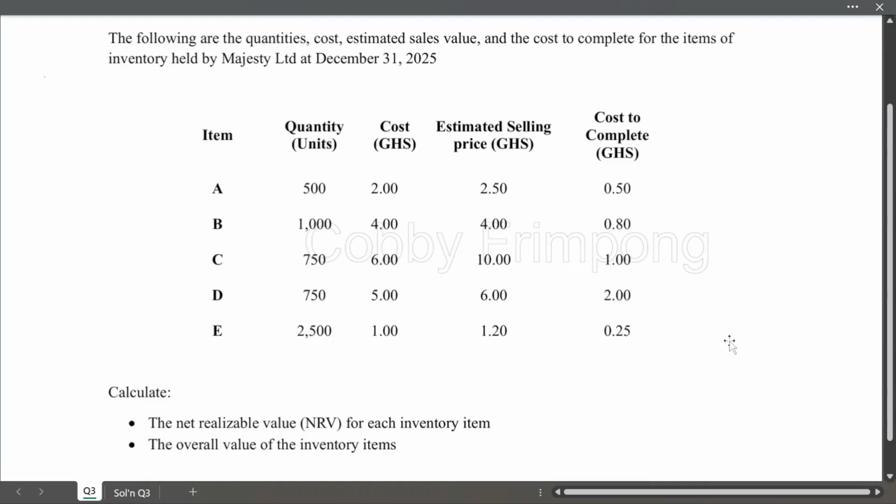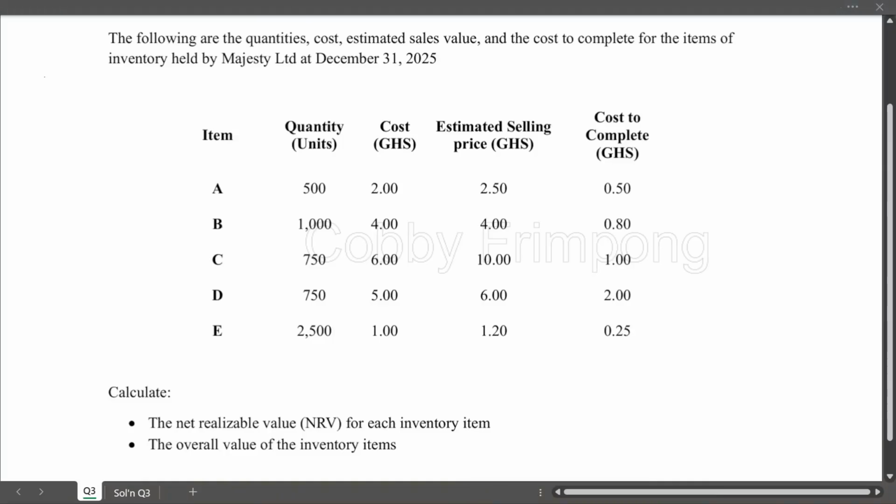We are required to calculate the net realizable value for each inventory item, and then the overall value of all the inventory items. The first part of the question requires that we calculate the net realizable value for each inventory item. Let's remind ourselves what the net realizable value is.